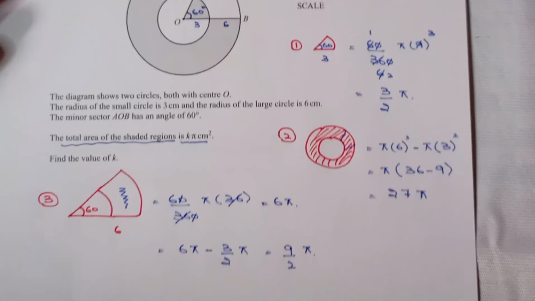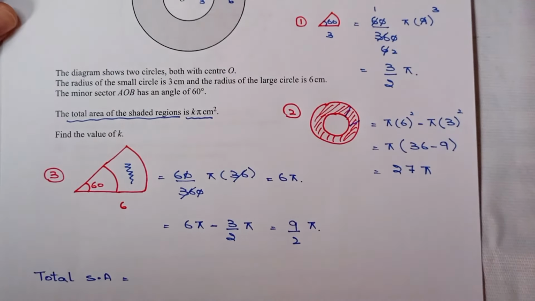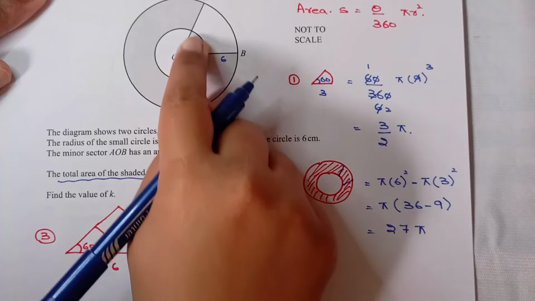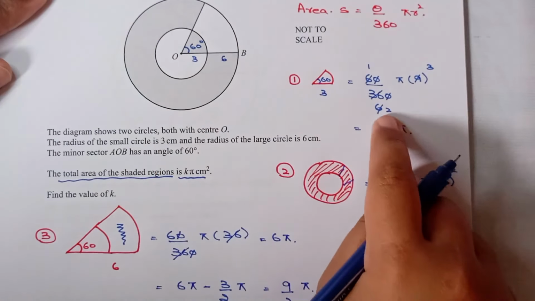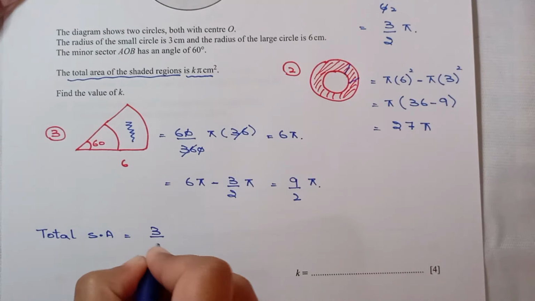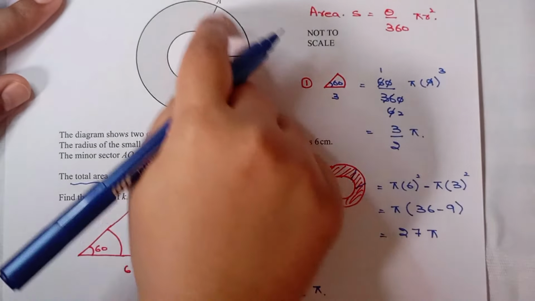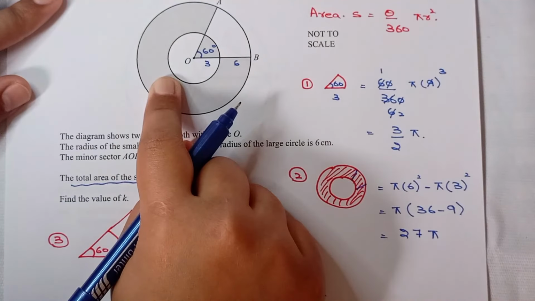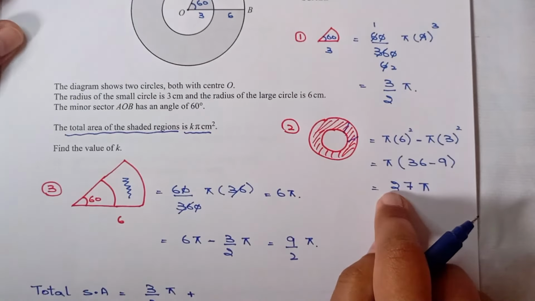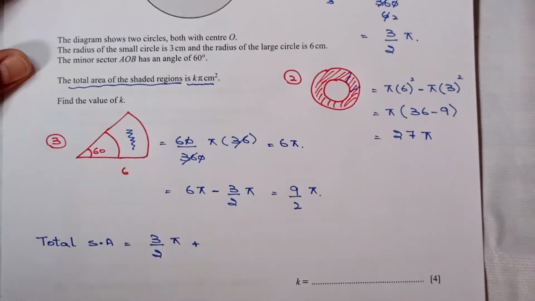Now let me find the total surface area. As you can see, this one is shaded, so this area is 3 by 2 pi, plus we need the area of the bigger circle. This is 27 pi, and then subtracting this one, that is 9 by 2 pi, right?